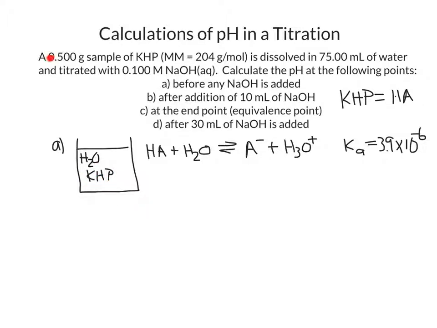Now we need to know the initial concentration of our weak acid. We know that we put 0.5 grams in 75 milliliters of water, and we know the molar mass of our KHP. From the mass and the molar mass, we can get the number of moles of KHP that we put into our water. If we know the number of moles and the volume of water, we can find the concentration, because concentration is equal to number of moles divided by the volume.